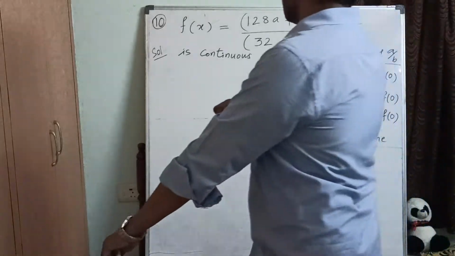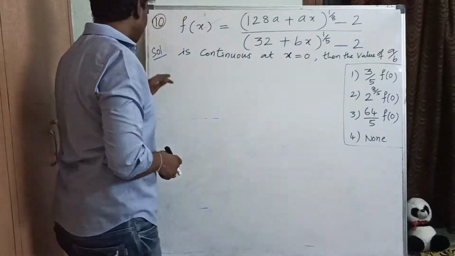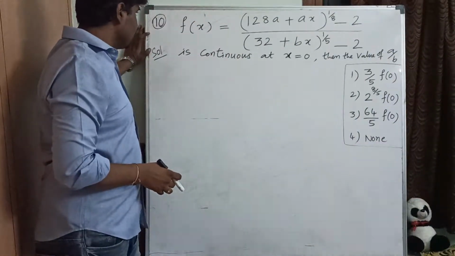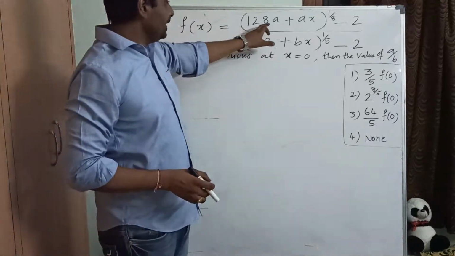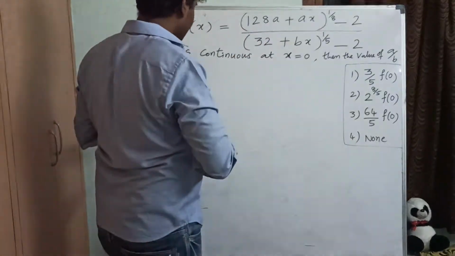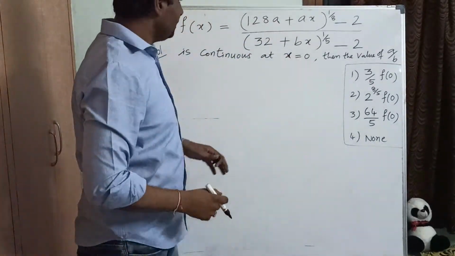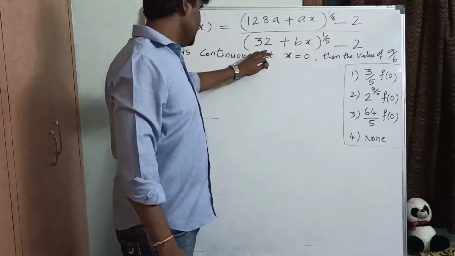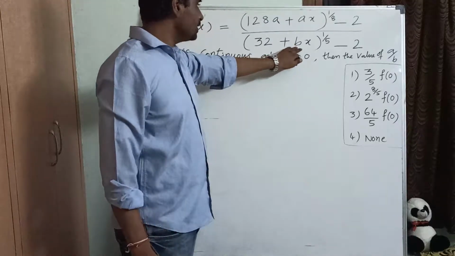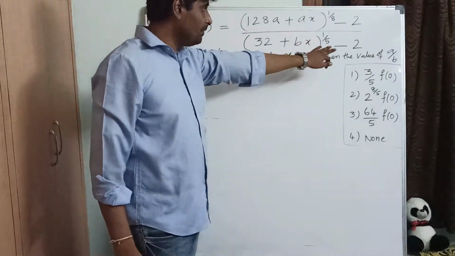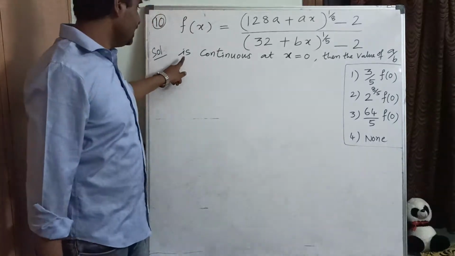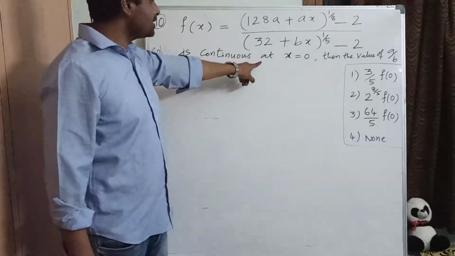Now have a look at question number 10. f of x equals (128 plus ax) whole power 1 by 8 minus 2, upon (32 plus bx) whole power 1 by 5 minus 2, is continuous at x equal to 0.